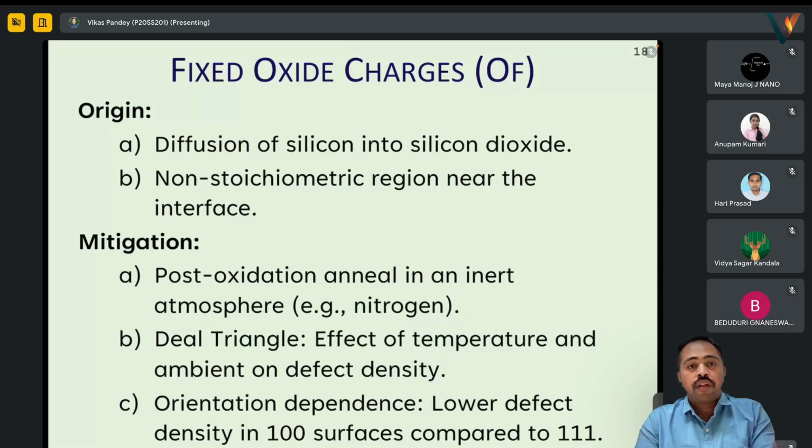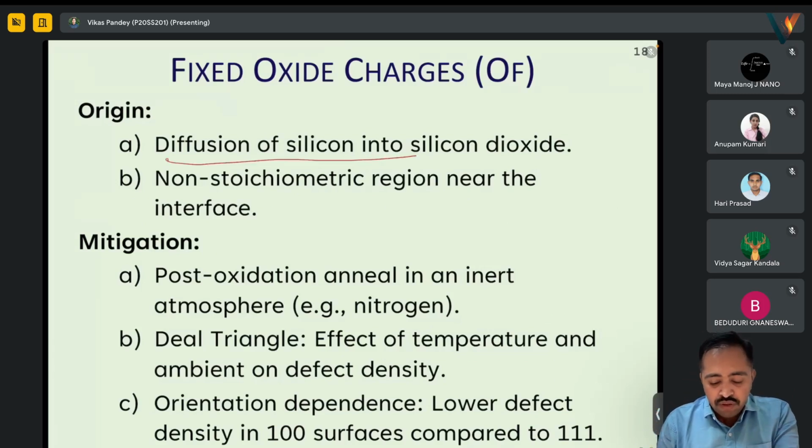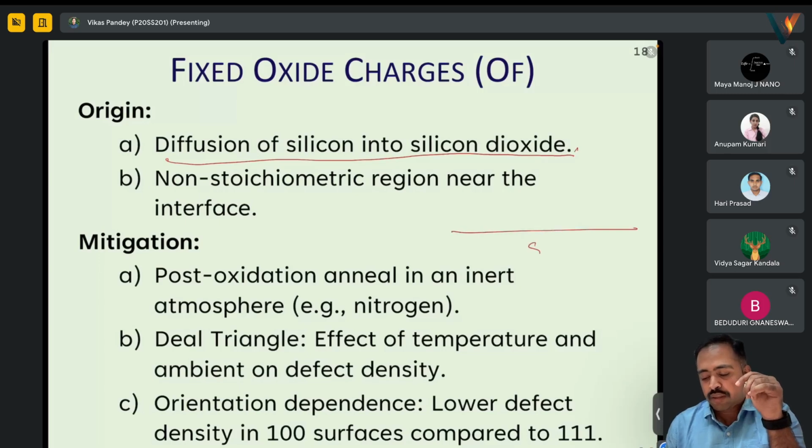So how does this fixed oxide charge originate? When the diffusion of silicon occurs in silicon dioxide. Ideally it should be neatly separated, Si, SiO2, but sometimes silicon can diffuse a bit inside SiO2.